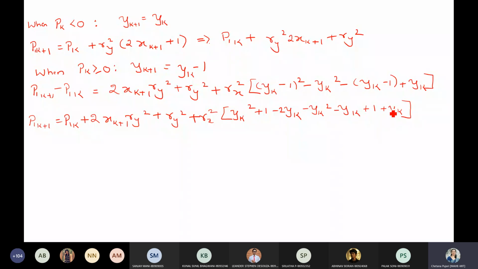Let's see if we can remove some terms. We can remove yk, yk, yk square, yk square. Okay.